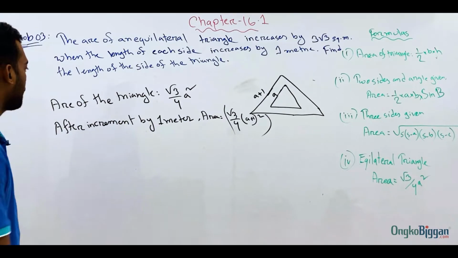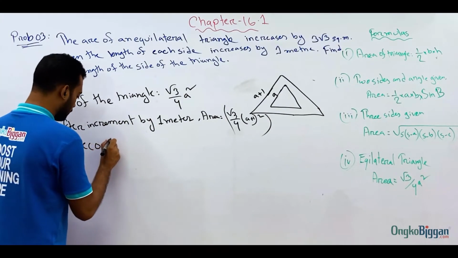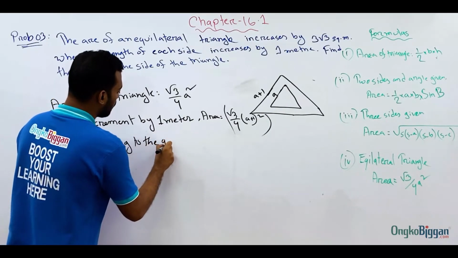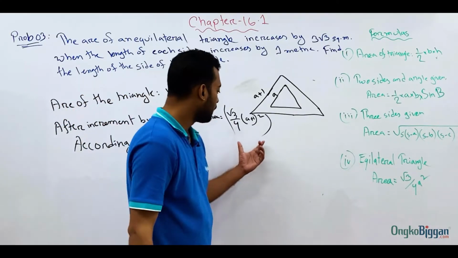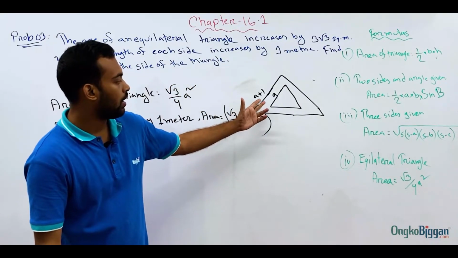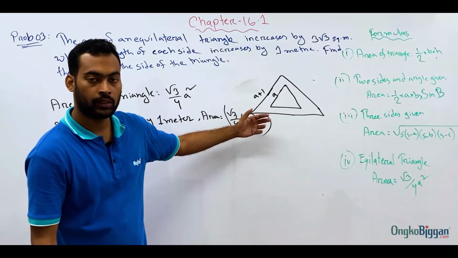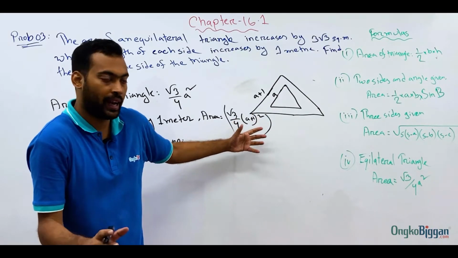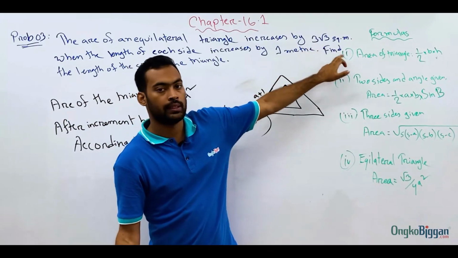Okay. Now, according to the question, when the length of the triangle was increased by 1 meter, the area of the bigger triangle increased by 3 root 3.